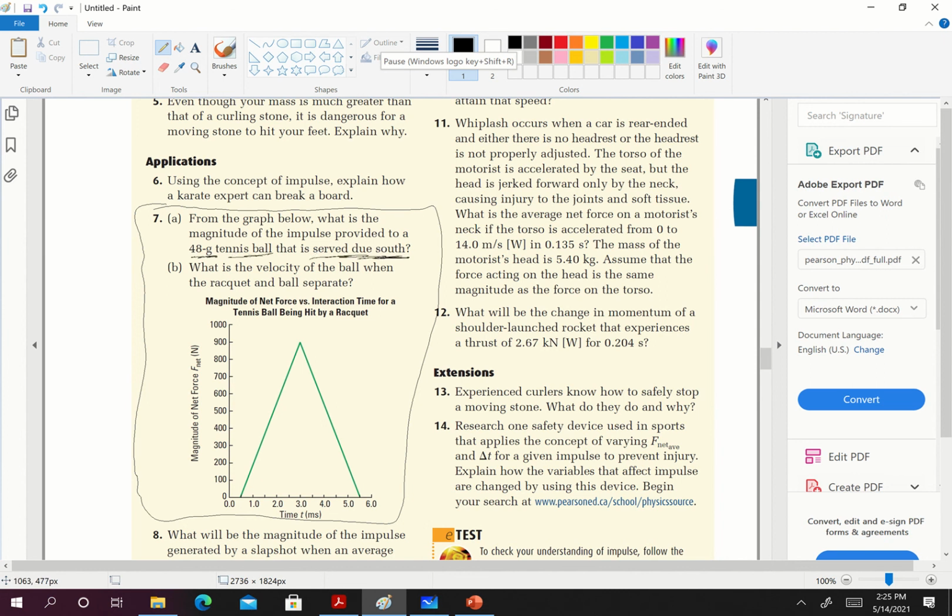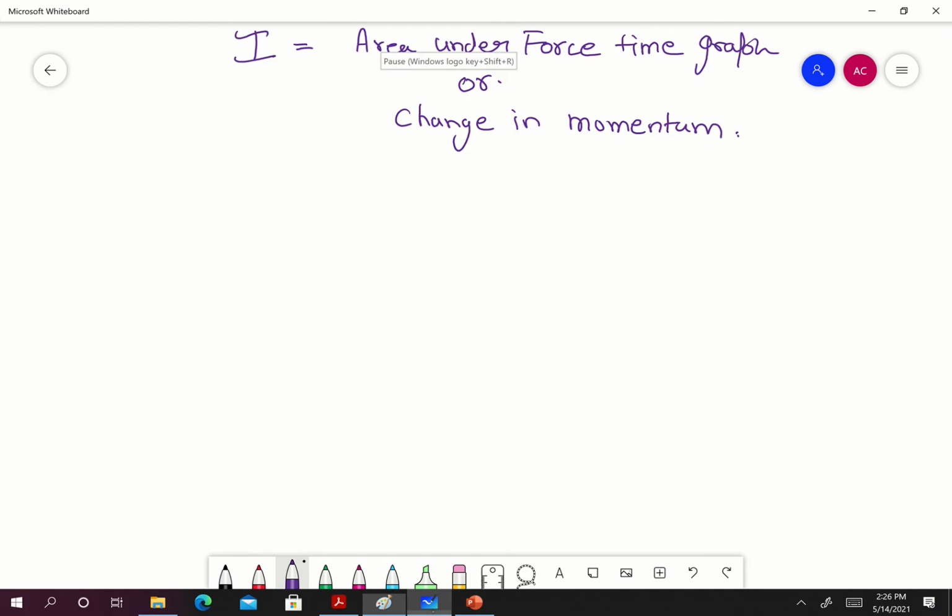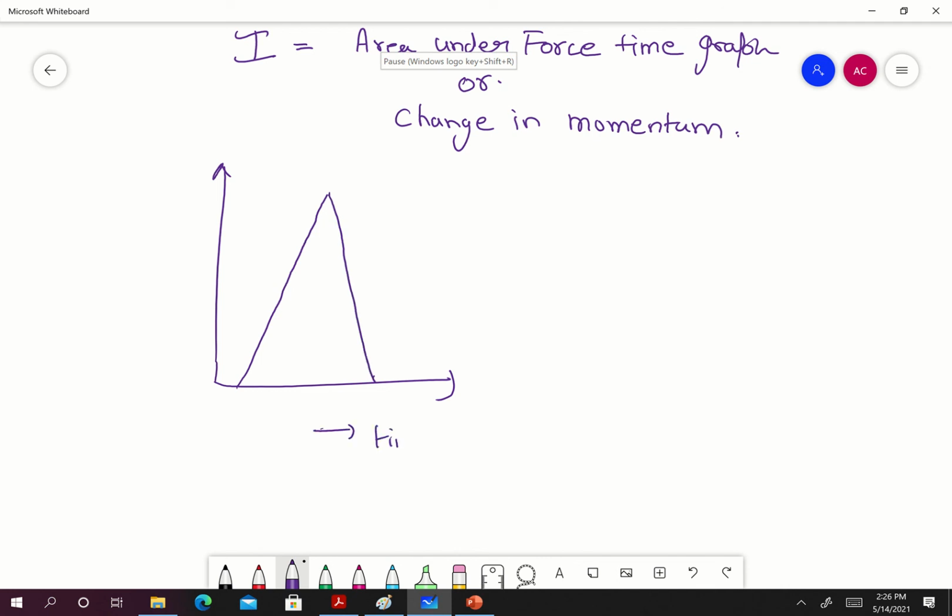Now it's asking me to find the impulse. As we've already said, impulse is the area under the graph, and this is a triangular graph. So if I draw it on my canvas, it will look like this. And then this is time, and this is force felt.